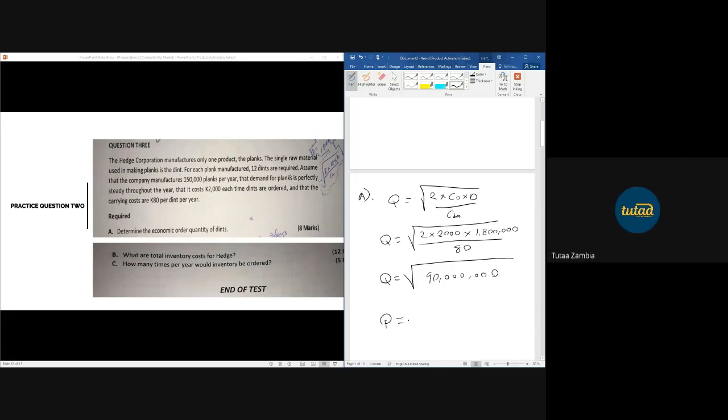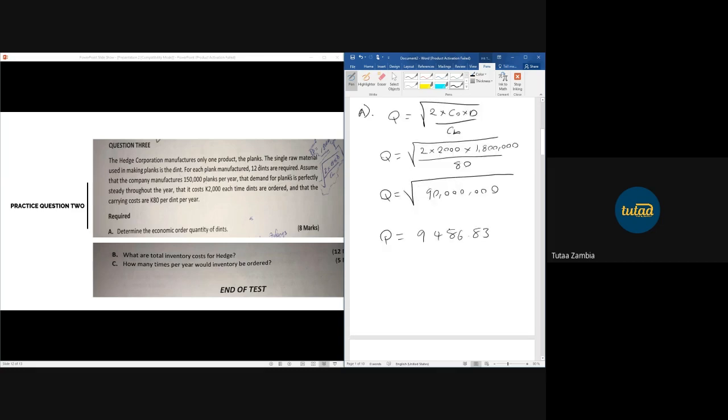Then what's the square root of 90 million? 9,486.83. So this is our economic order quantity, but to simplify it further, we're going to round it off, and that gives us 9,487.